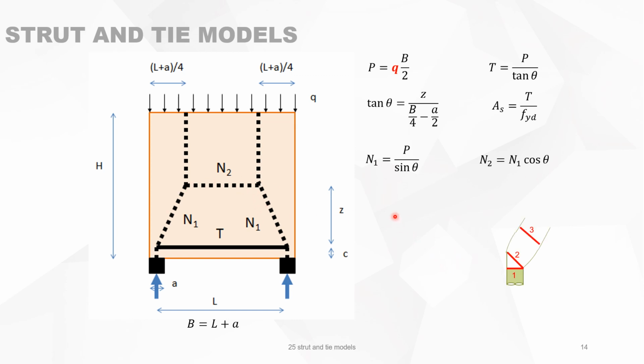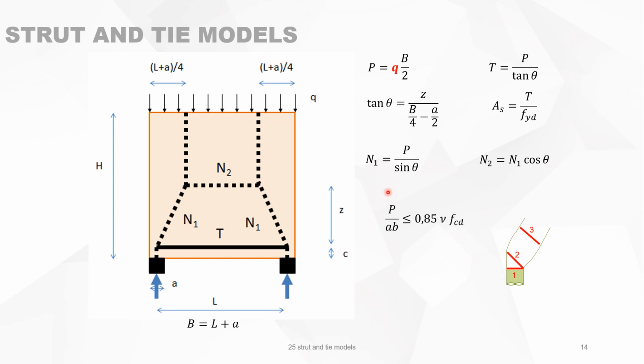And when we have all those forces and reinforcement, then we have to check the nodes, and you have 3 points of checking. It's level 1, which is just on top of the pile, then section 2, which is just on the bottom of the first strut, and section 3 is within the strut.